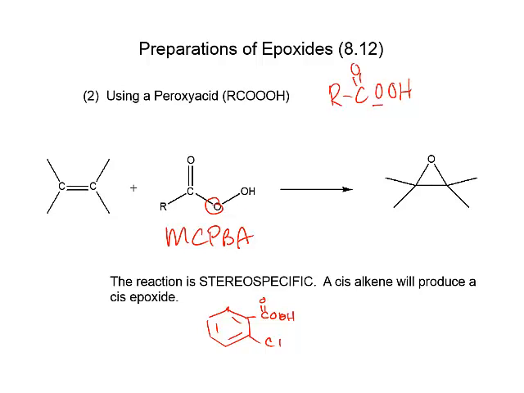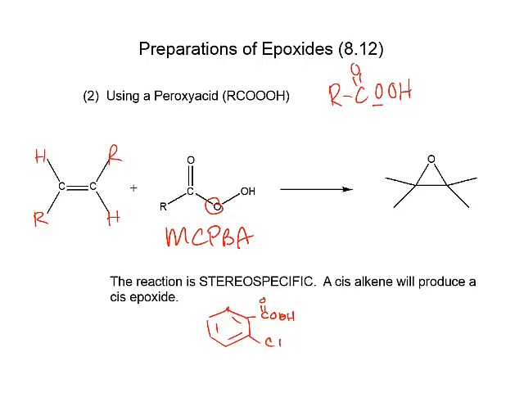Regioselective, we're making products that are structural isomers, and we choose one of those. Stereospecific, you'd think it means something else, but it doesn't. What stereospecific means is that if you change the stereochemistry of the reactant, you get a different product.